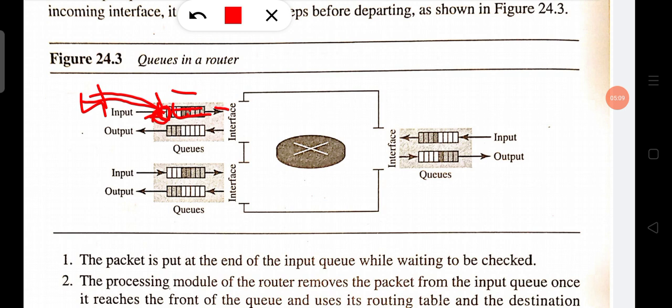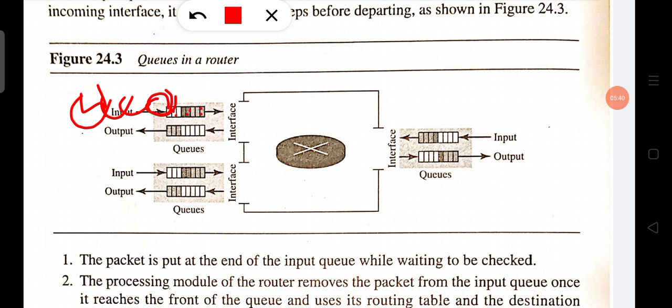When a packet comes to the front of the buffer, the router processes it. For the remaining time the packets wait here, queuing one by one.